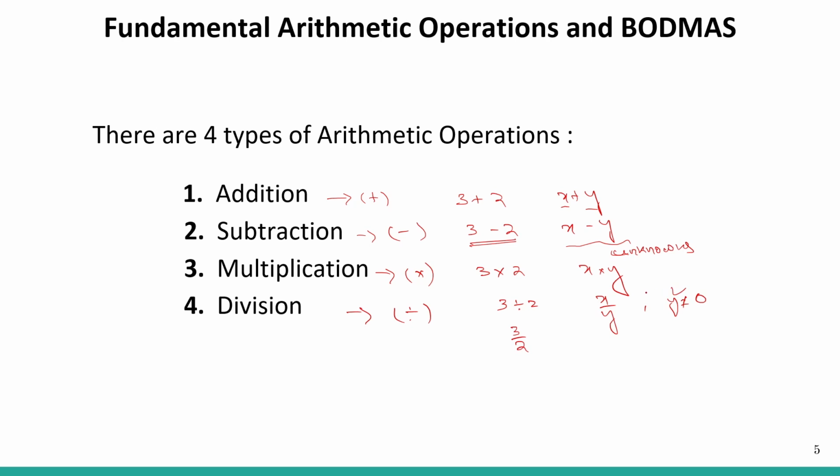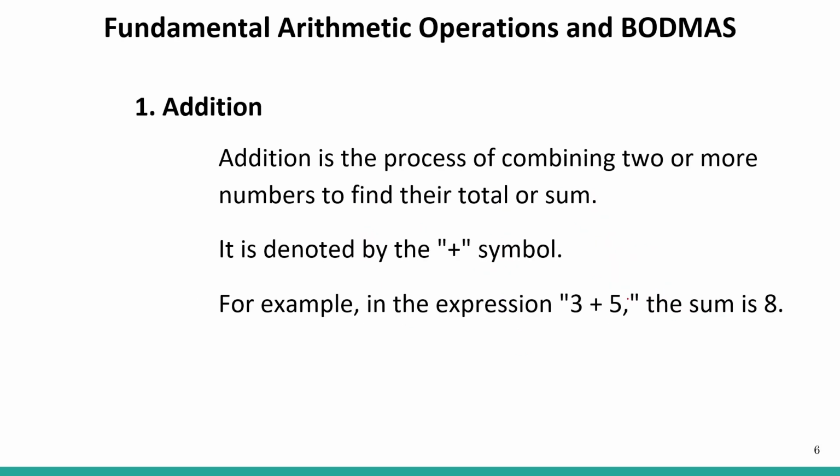So let's explore the first kind of arithmetic operation, that is addition. Addition is the process of combining two or more numbers to find their total sum. If you are given two numbers, 3 and 2, their total sum is 5.